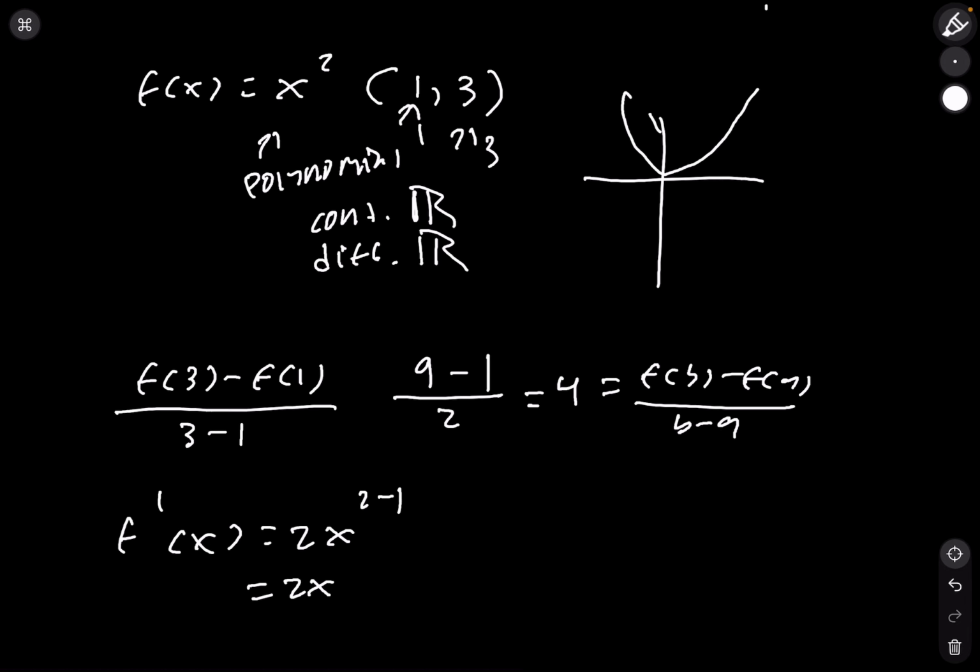From here, what you can do is set these equal to each other. So you do 2x is equal to 4. Then from here, you realize that x is equal to 2, which means 2 is the place where the slope is going to be 4.